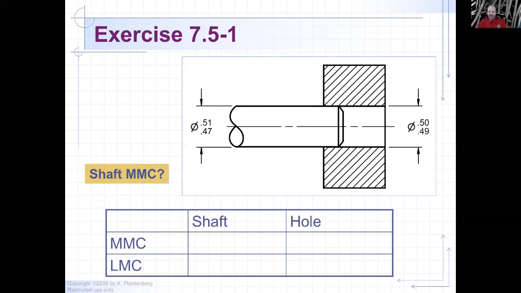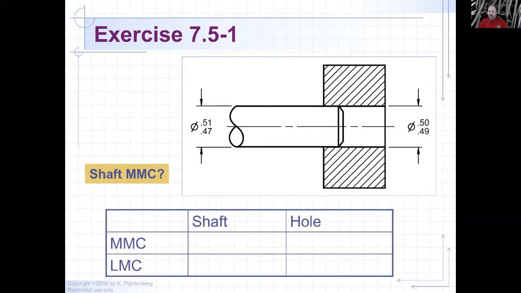All right, and the hole, the least material condition for the hole? .5, right? We're looking at the hole, which is on the right side.